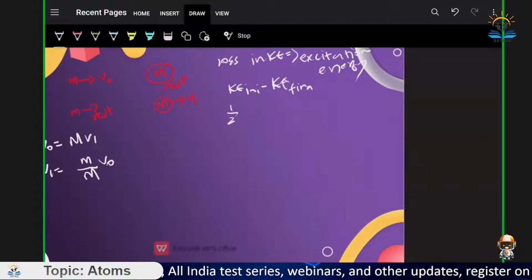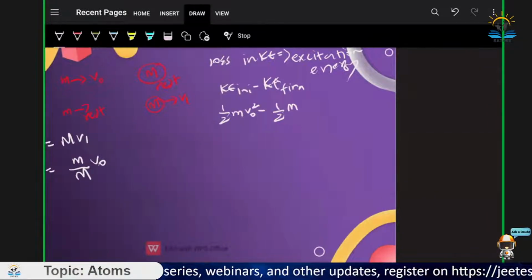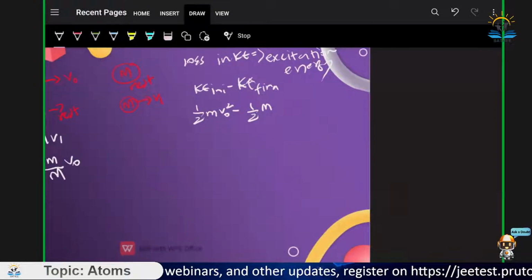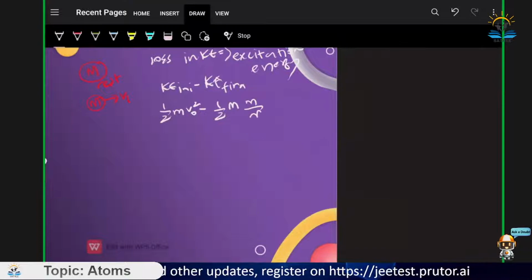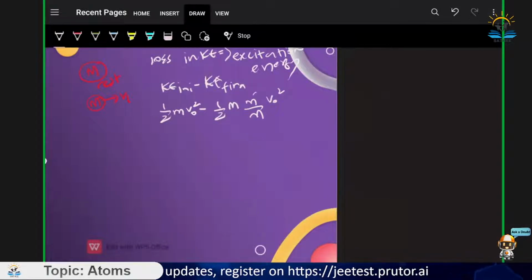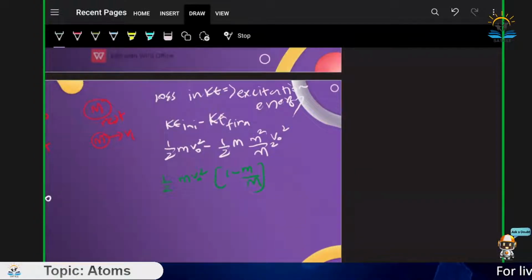This will be half m v naught square minus half capital M into v1 square. Substituting v1 square as small m by capital M squared into v0 square, we get half m v naught square, taking common 1 minus small m by capital M. This will be the excitation energy.